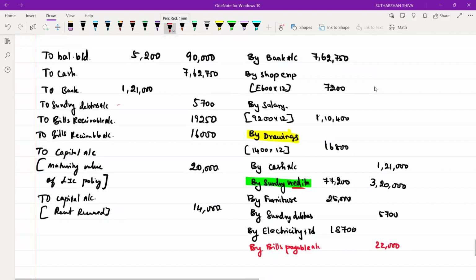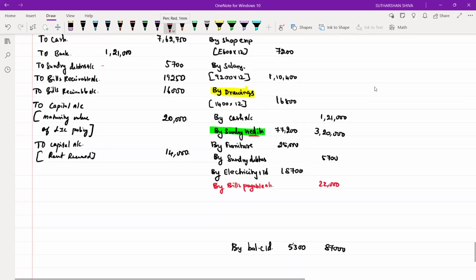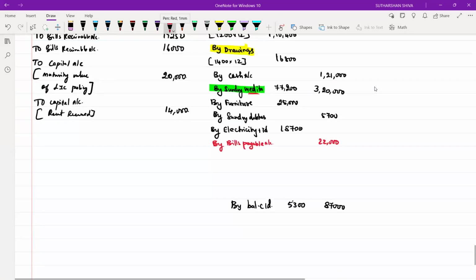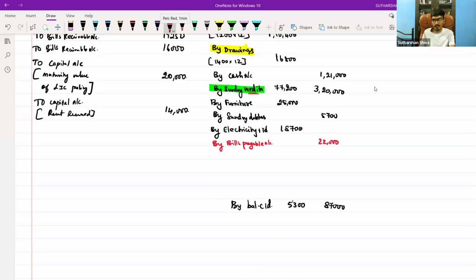Debit side. Looking at this, just write down over there. My debit side is higher. What is the value of my debit side total?